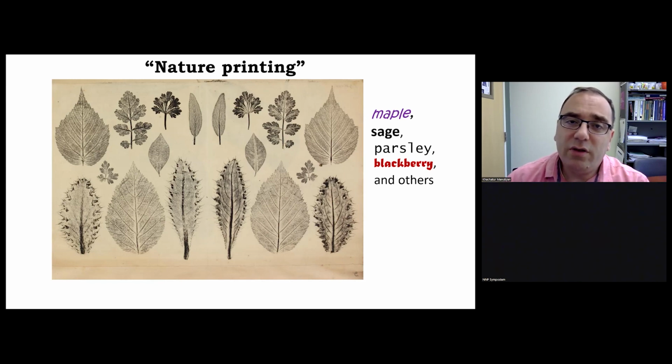Early on in his career, he established this nature printing technique. Putting natural objects onto paper wasn't new. It was invented by Leonardo da Vinci, but he somehow managed to find a way of printing these things. And you could see that he printed all these different leaves on the backside of paper money.